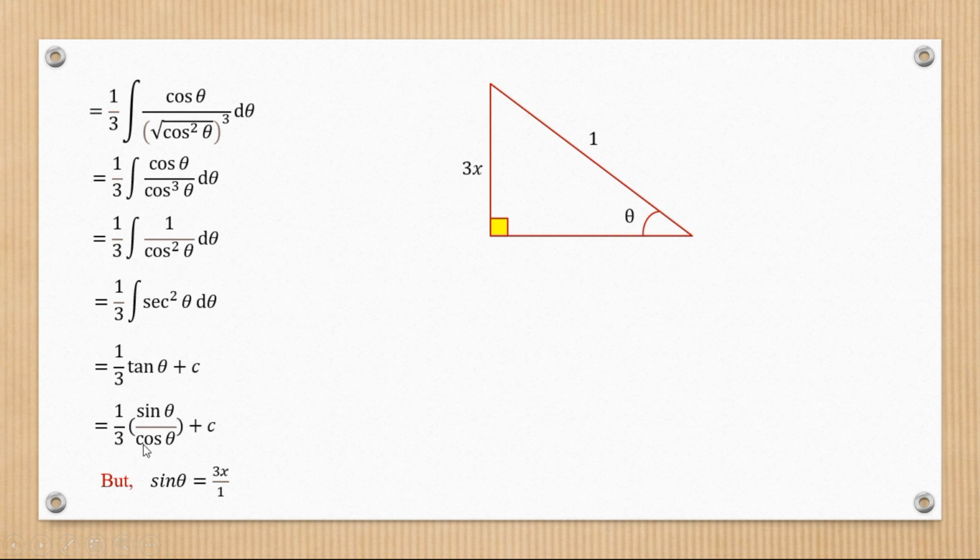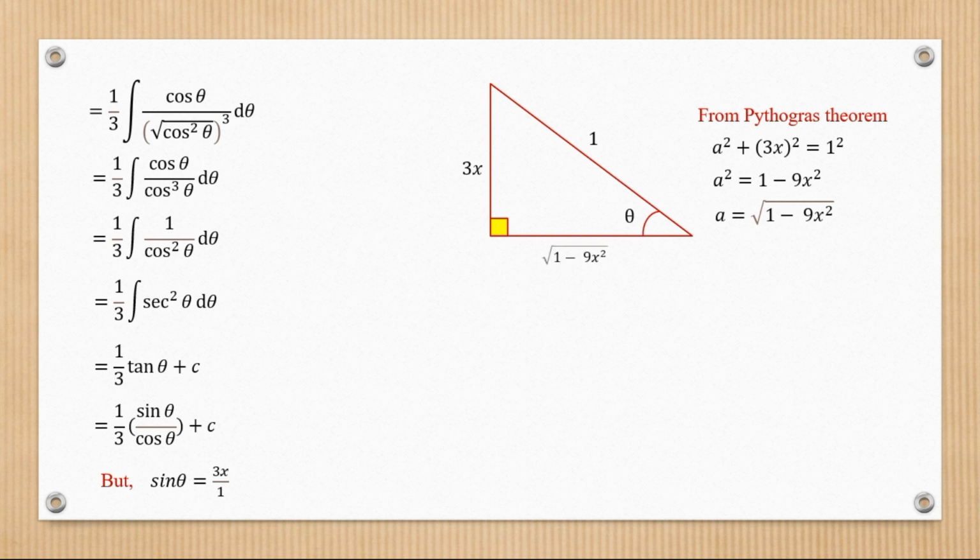Now what we want to find is the cos theta value. How are we going to do that? From Pythagoras theorem, we have a squared plus (3x) squared equal to 1 squared. If we make a squared the subject, it is equal to 1 minus 9x squared, and therefore a is equal to the root of 1 minus 9x squared.